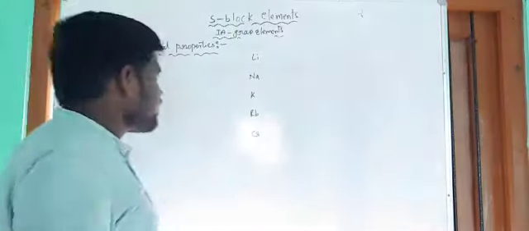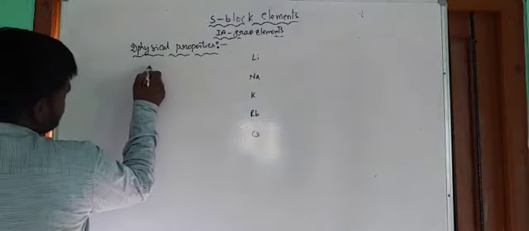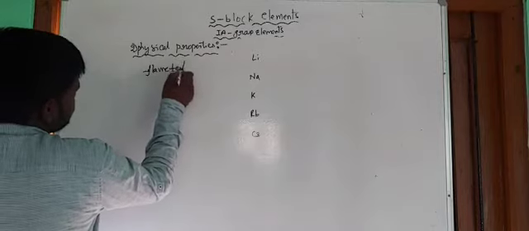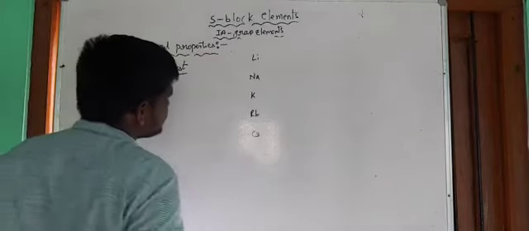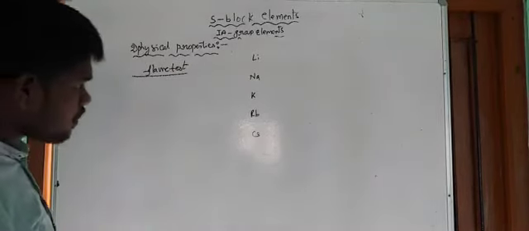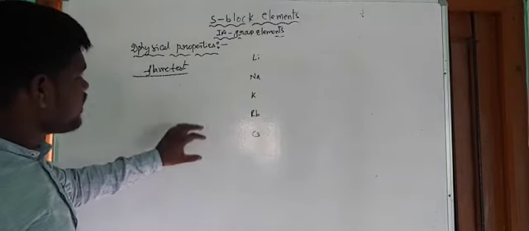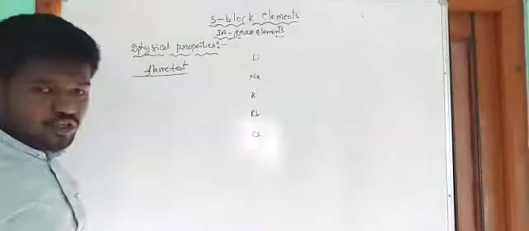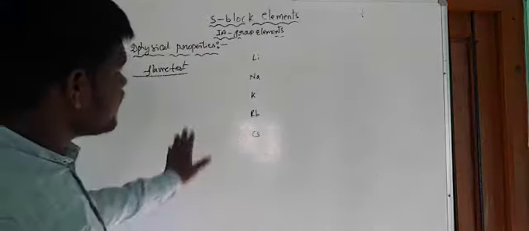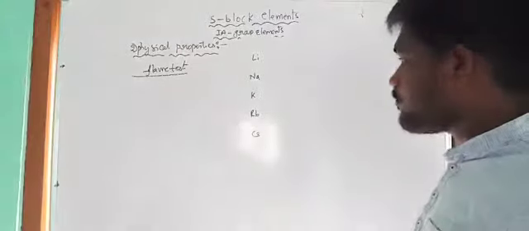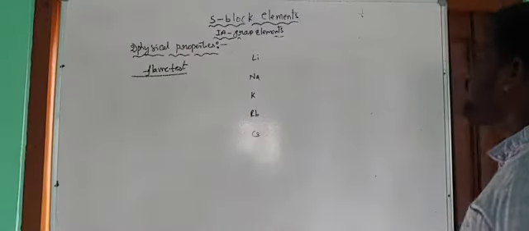So right. Next one, flame test. Guys, the elements of the first A group we can identify through the flame test, because in a flame they produce different colors. From the colors we can identify the elements.